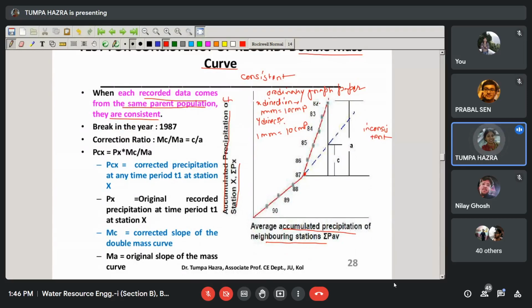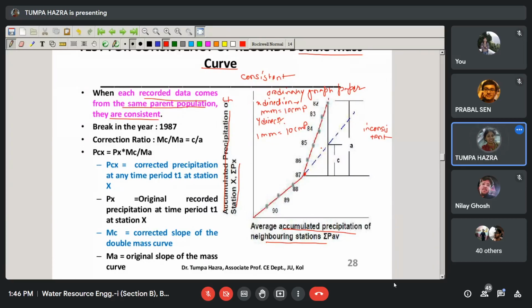And you will only say the data is inconsistent if you find at least 3 points are out of the original line.